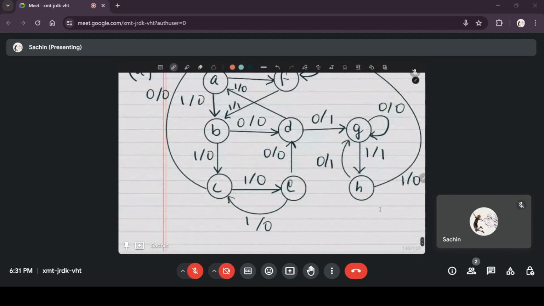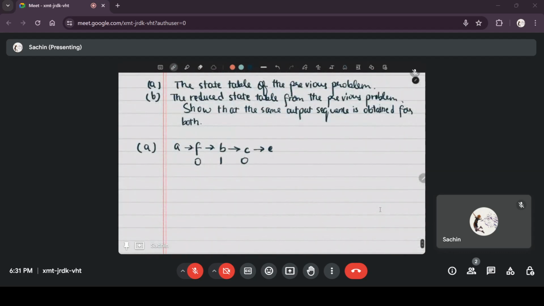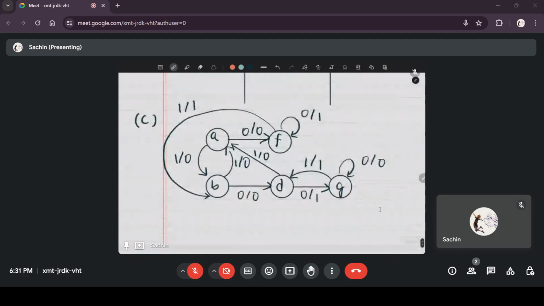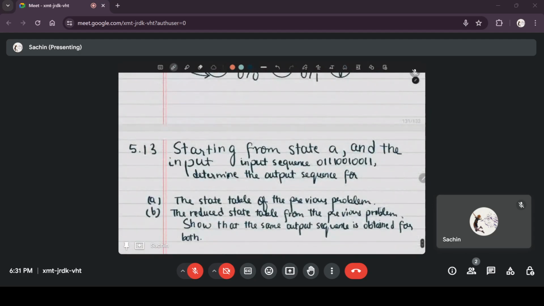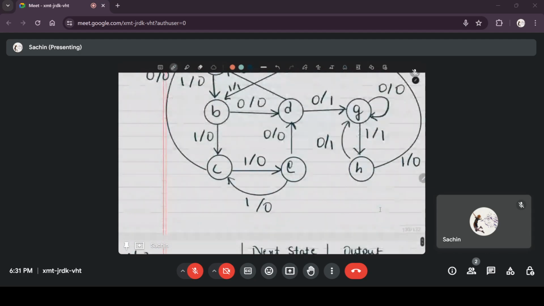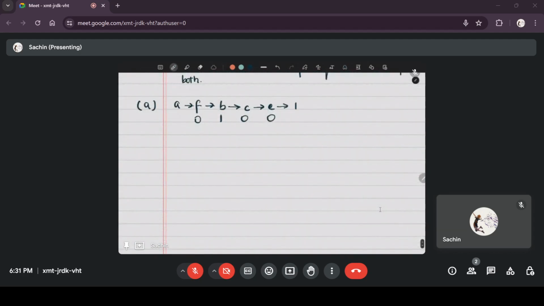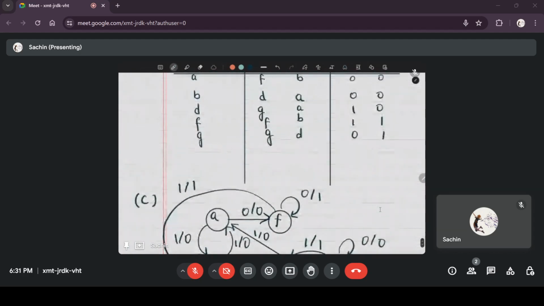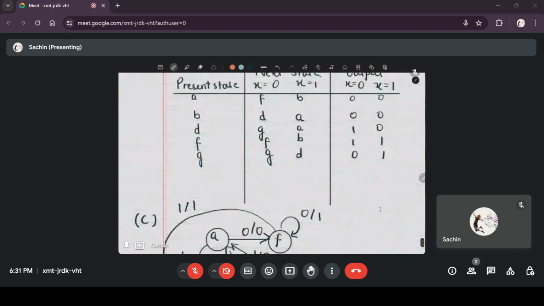And C goes to E with output 0. Then there are two zeros. From E, if you give a 0, you get D with a 0 output. At D, if you give a 0, you go to G with output 1.